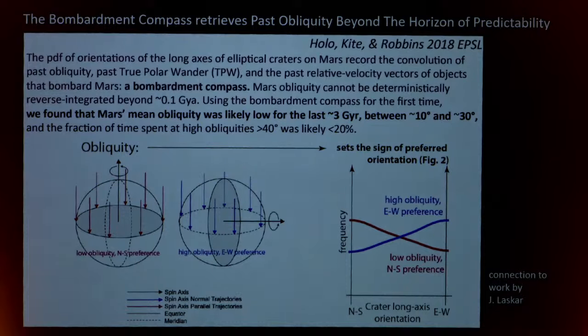I'm actually going to skip this one, but just say, as a connection to the next talk by Jacques Lascar, obliquity versus time in principle can be directly retrieved by using the orientation of the long axes of elliptic impact craters.